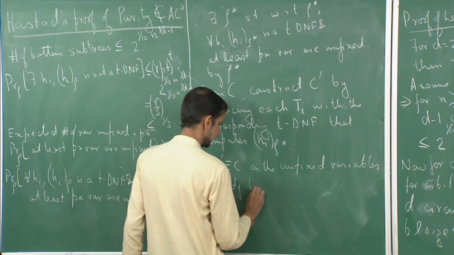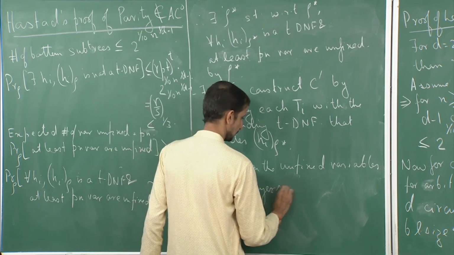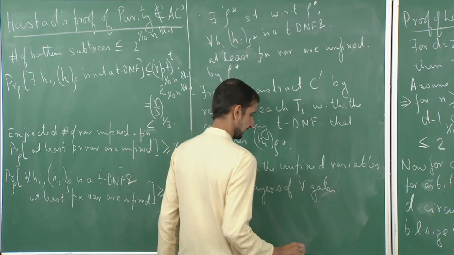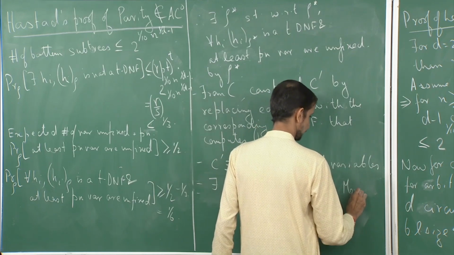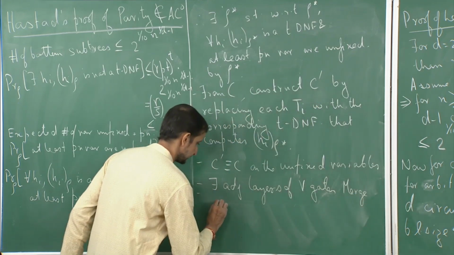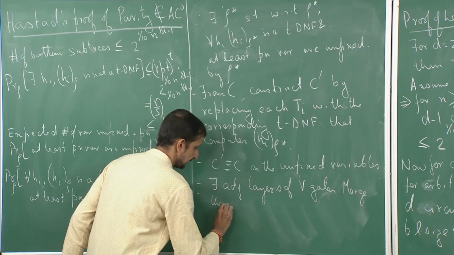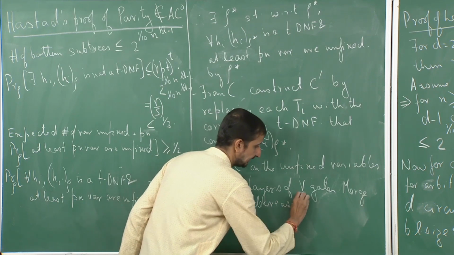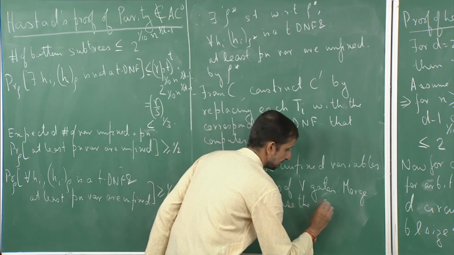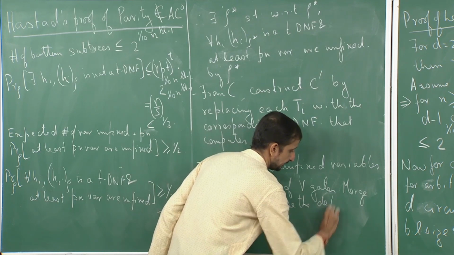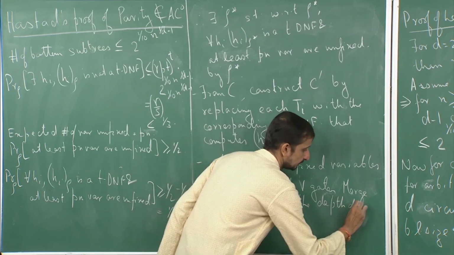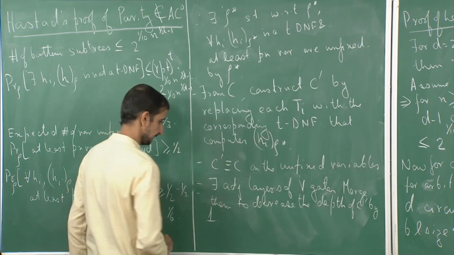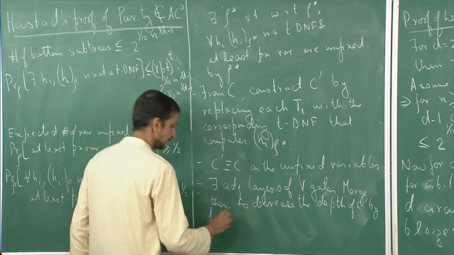There exist adjacent layers of OR gates. We just merge them to decrease the depth of C prime by 1. Let us call this circuit C double prime.